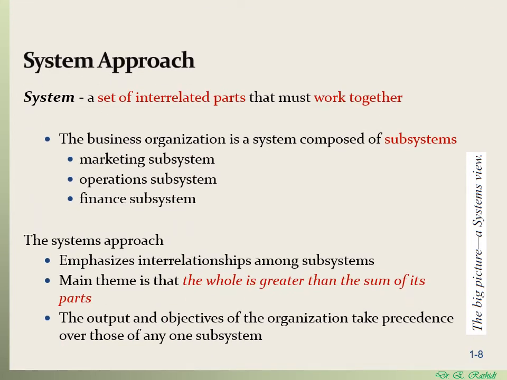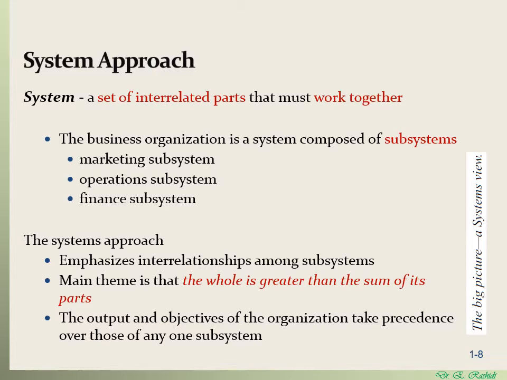A system approach to organizations and their operations. What is a system? A system is a set of interrelated parts that must work together for a purpose. The business organization can be considered as a system that is composed of subsystems or parts.